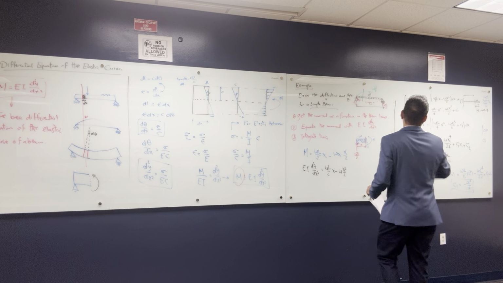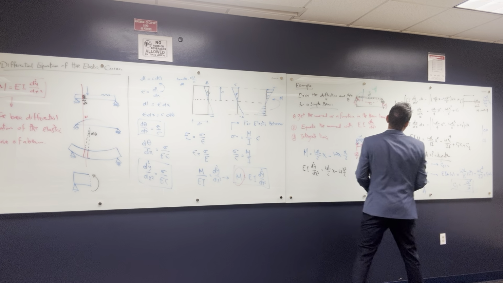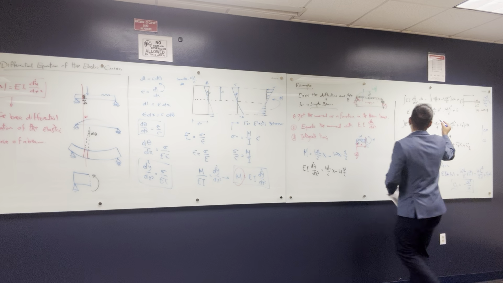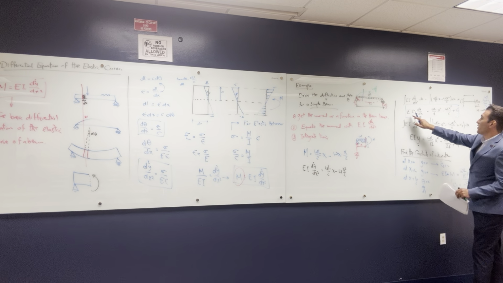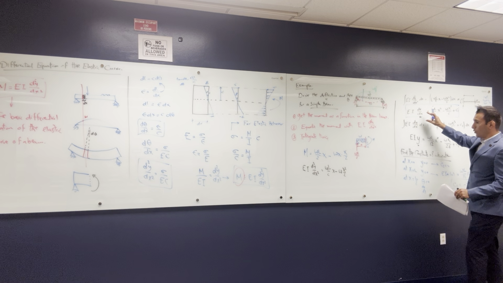So let's write the function of theta. So this is the equation of theta that I'm interested in. So what I'm gonna do, I'm gonna divide by EI and make dy dx alone.